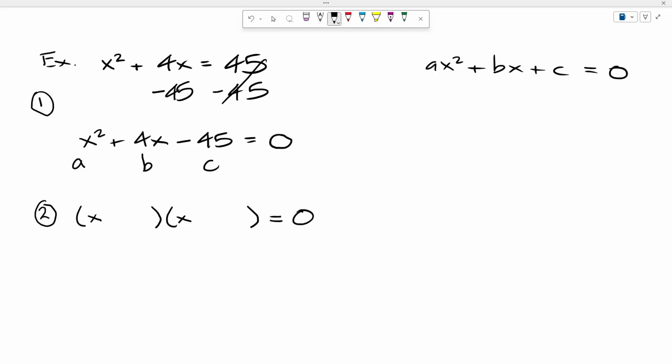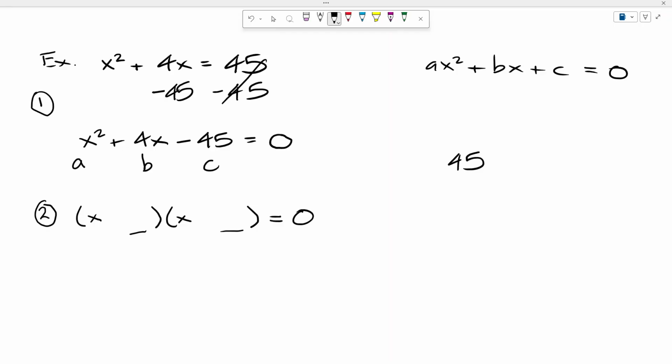So now we are looking for factors of 45, negative 45 to be specific, that add together to give us 4. That's how we come up with the numbers to put into the parentheses. We're looking for two factors of 45 that add to 4.